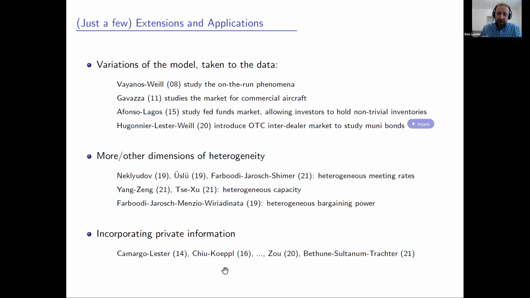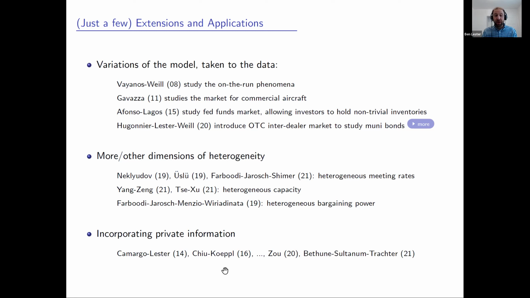And if you're interested, I could show you exactly how we do that. We calibrate that model to try and understand the relationship between the length of intermediation chains, the changes in bid-ask spreads, dealers' places within the network, the directions that they trade, so on and so forth. Okay, so just to say there are a bunch of people who are trying to make these models richer in meaningful ways to confront new and better data.